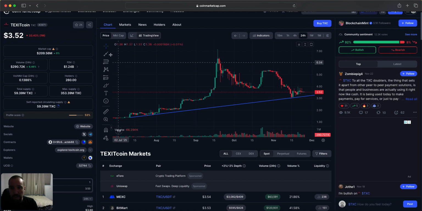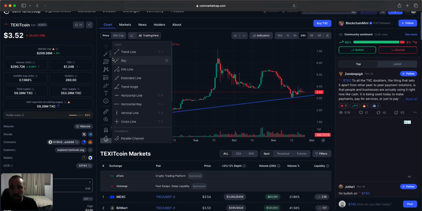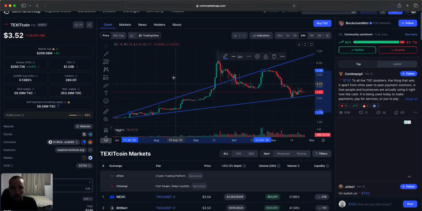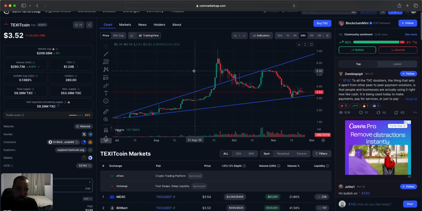So again, I don't really like trying to see this one on the resistance point, just because we don't have enough data basically to support this one.